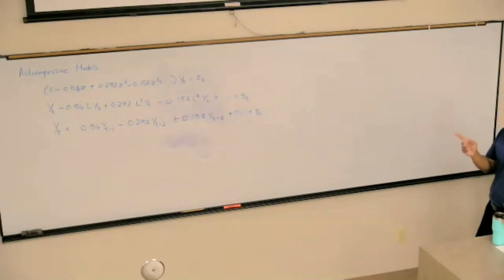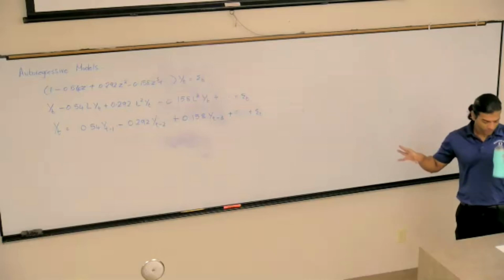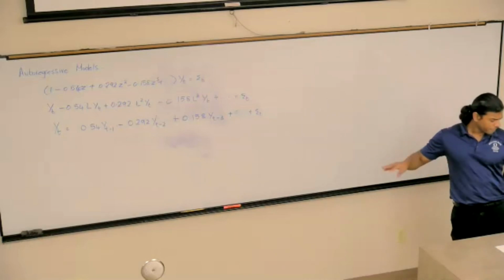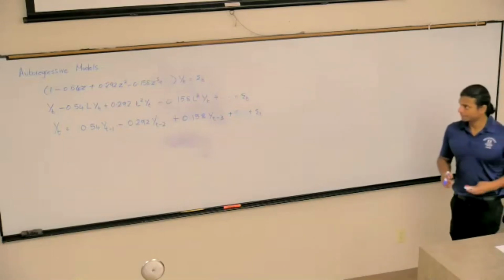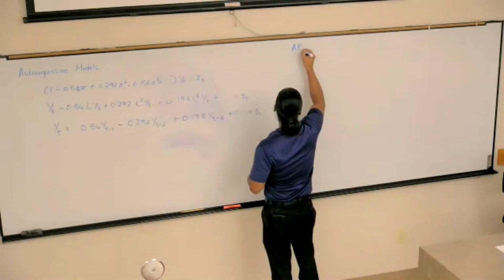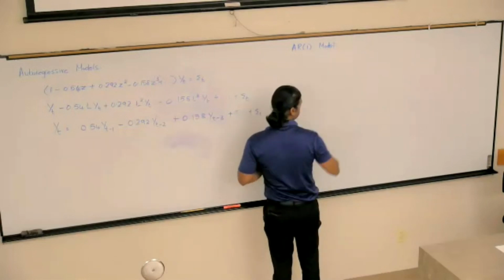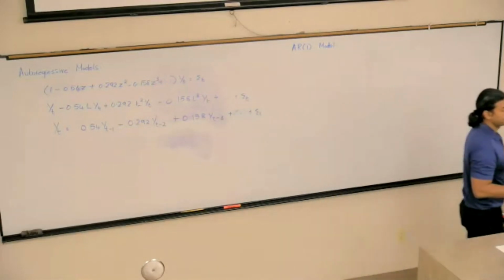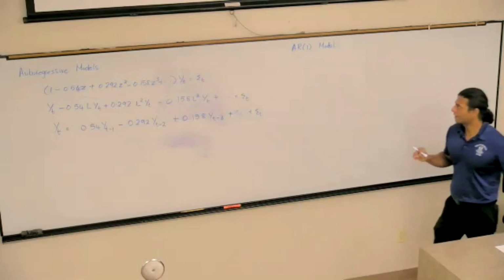Okay, so now we'll talk about AR1, AR2, AR3. Once that is done, we can do forecasting using a real series. It should make sense today as to why we spend time with first difference equations, second difference equations, third difference equations.